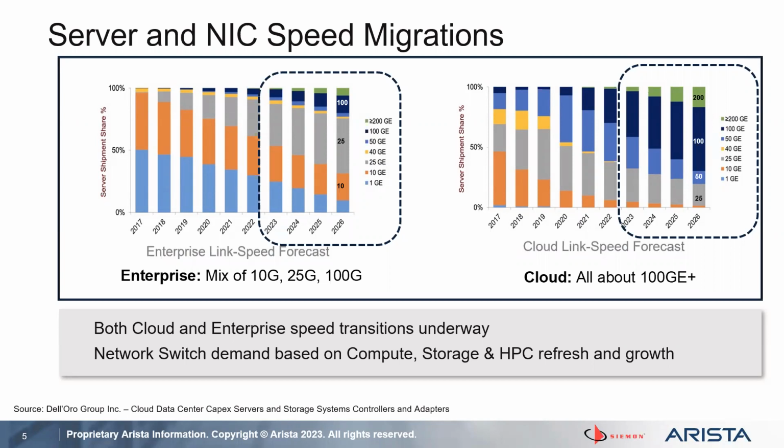So over there, it's really 100 gig and beyond that is accounting for much of the server connectivity. In the enterprise data centers, 10 gig, 25 gig, and some 100 gig is what's going to drive the server connectivity. And certainly the reason we show this data is that's where the entire build out of the data center starts.